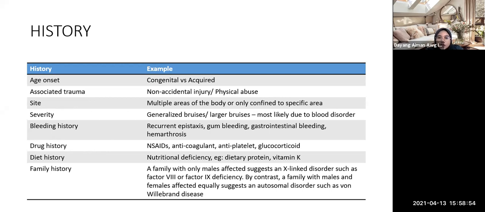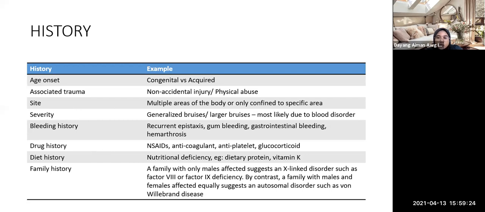And then in bleeding, as mentioned by Alisa, any bleeding history such as epistaxis, gum bleeding, gastrointestinal bleeding, and also hemarthrosis, which can be specific for hematological diseases like hemophilia. Next, drug history, which can induce a bleeding tendency, such as NSAID, anticoagulant, antiplatelet, and glucocorticoid.